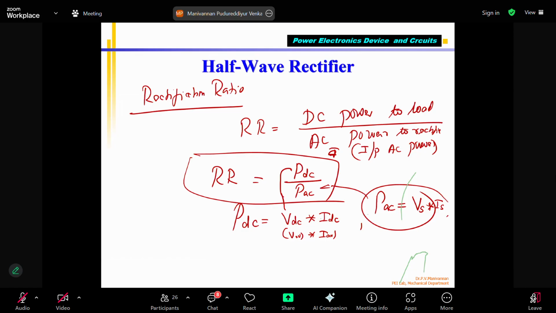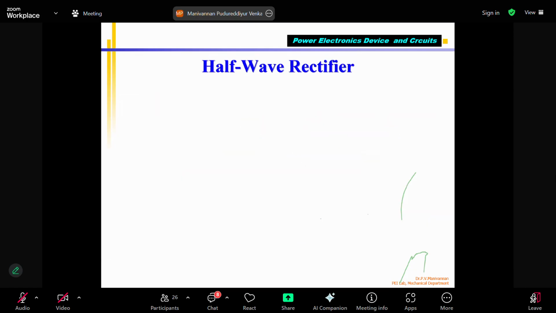One small thing, just a few minutes. Another thing is what you call the transformer utilization factor, shortly TUF.